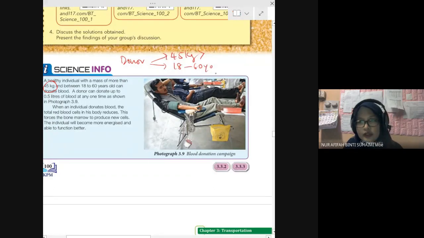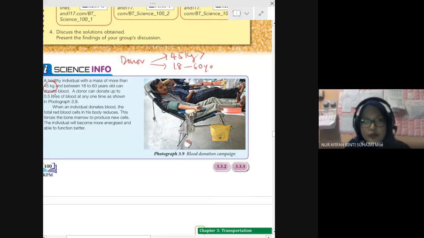So at your age, you cannot donate your blood, even if your mass is suitable. Must be between 18 to 60 years old. Alright. Okay, a donor can donate up to 0.5 liters of blood at any one time. 0.5 liters only.